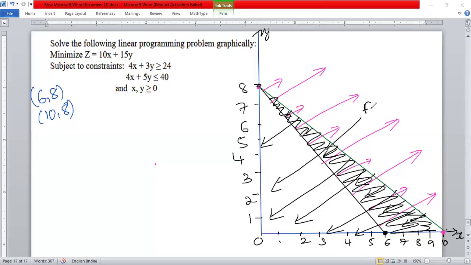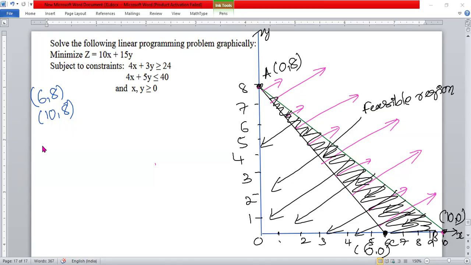So this is called the feasible region. Let me check the points. A point, so 0 comma 8. B point, so 10 comma 0. And C point, 6 comma 0.